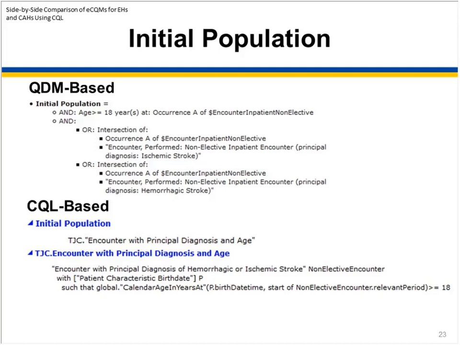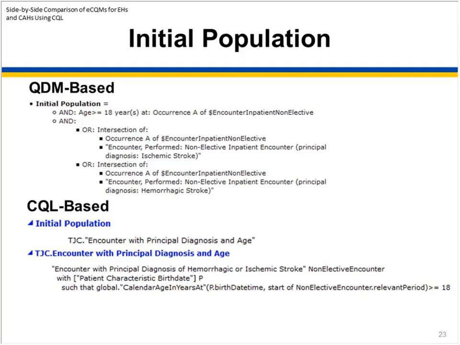And that expression is then defined as a definition in the definition section of the measure. And it, in turn, references another definition, and we'll dig into that one. But this is saying encounter with principal diagnosis of hemorrhagic or ischemic stroke with a birth date such that that calendar age for that birth date at the start of the relevant period is greater than or equal to 18.